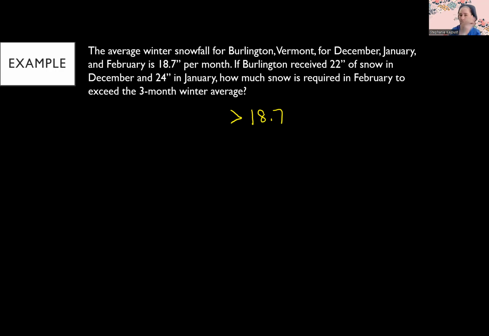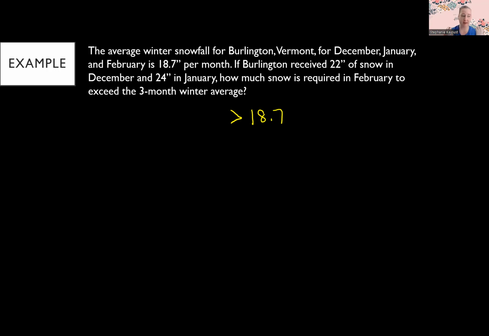So we're comparing the actual to the average. The 18.7 is from multiple years of data. But we want to know how much we've gotten so far, so that when we take the average, it's going to be greater than 18.7.